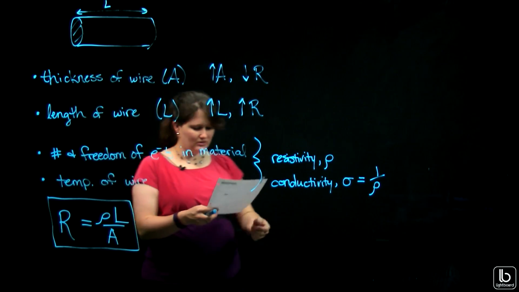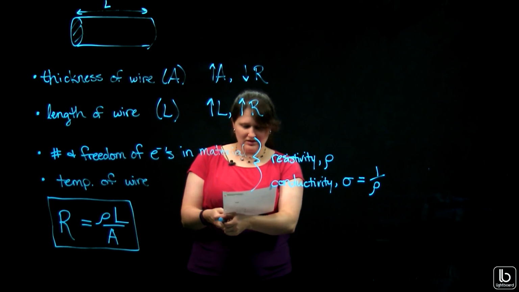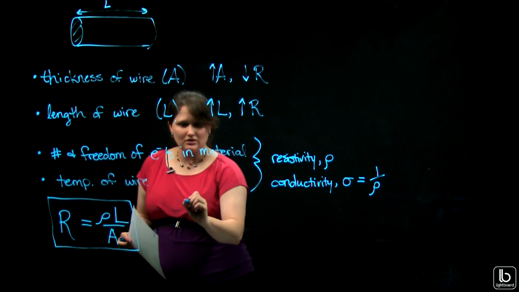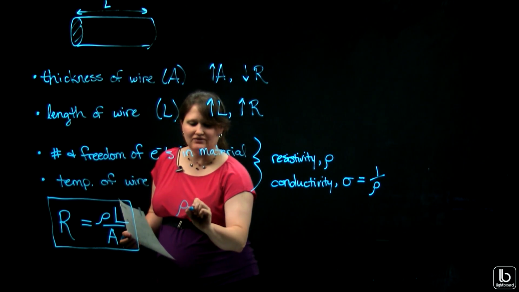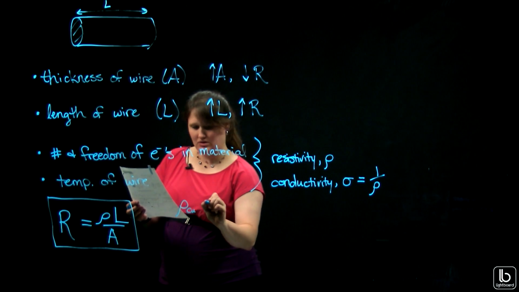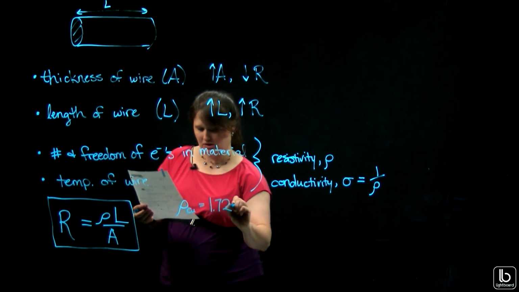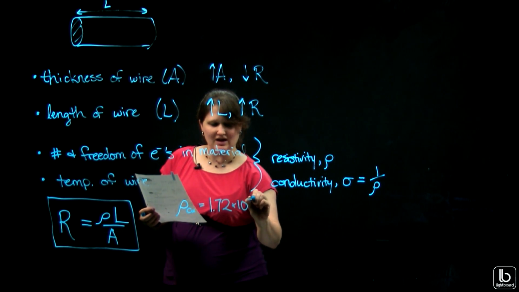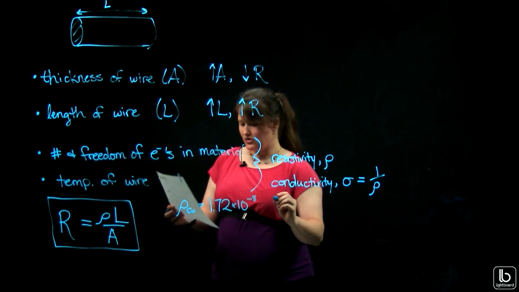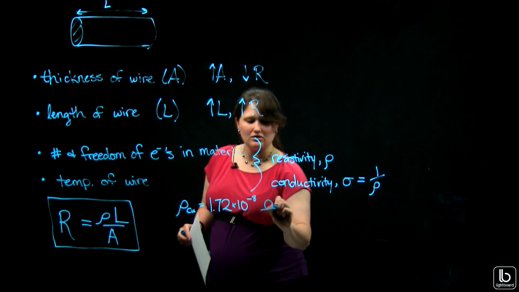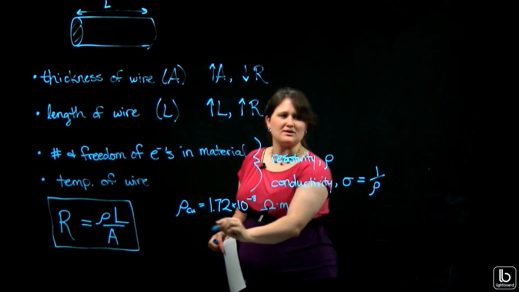And just to give you a point of reference, the resistivity of copper is 1.72 times 10 to the negative 8th, and our units are going to be in ohm meters. Now, I don't expect you to memorize this number.